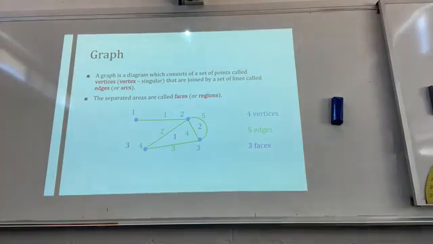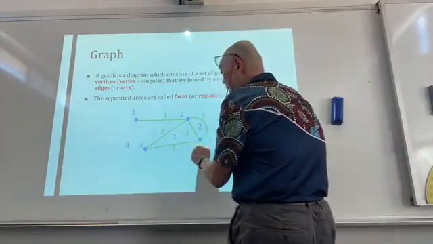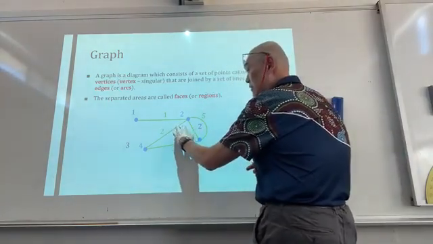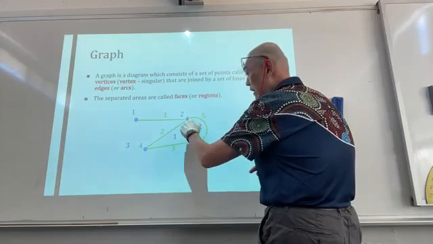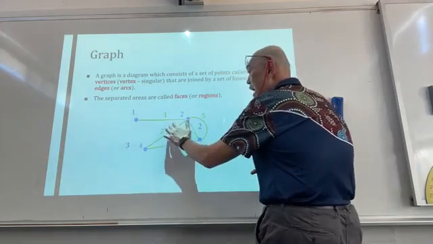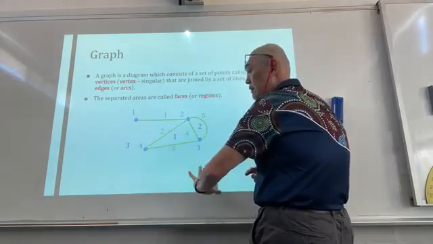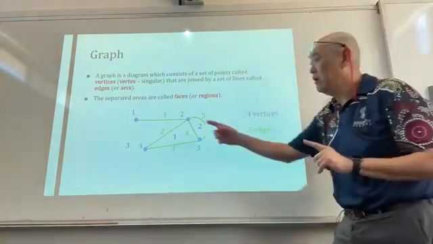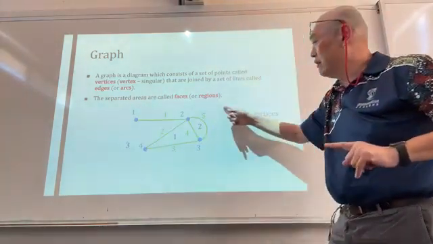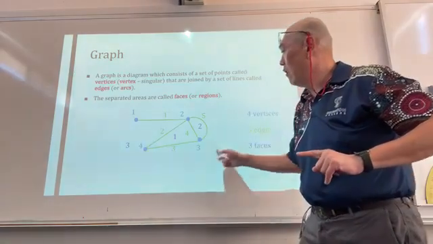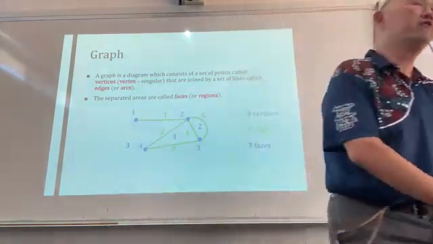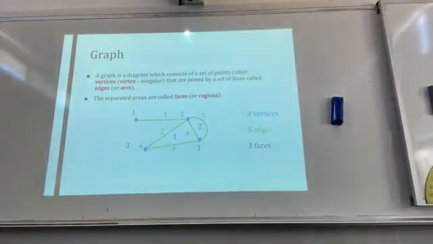If you look at this graph here, within the 3 lines, that's considered one face. Within that curved line and the straight line is another one. Anything outside is considered one face. So you can see that everything that's outside, that's all connected, is considered one face. So you've got 3 faces, 4 vertices and 5 edges.